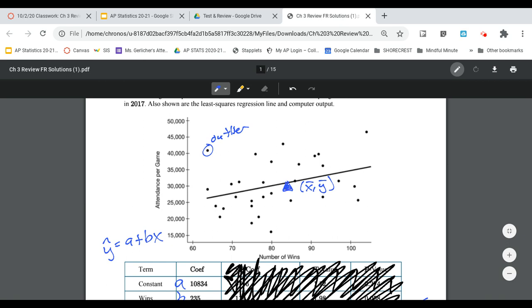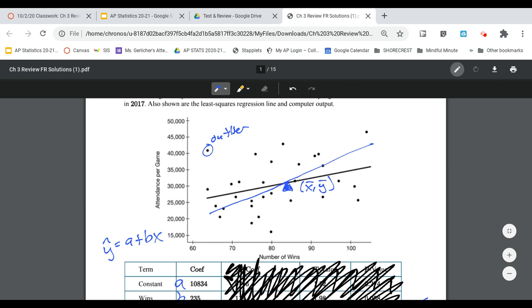So if you take that outlier away, it's not going to be pulled up anymore. It would snap down a little bit, and it would teeter-totter that direction. So that means your slope becomes bigger. It's more steep, bigger slope. That means our y-intercept has gotten smaller. It would hit the y-axis at a lower spot.